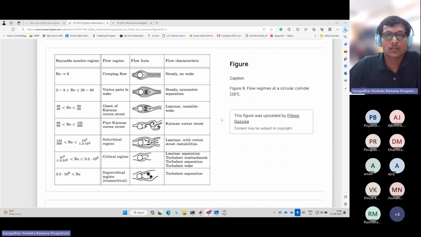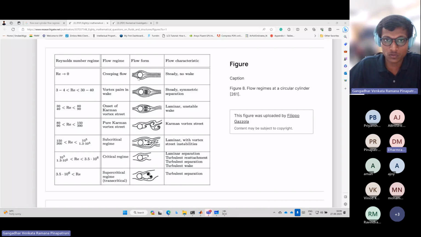So here we have a Reynolds number close to 0. If your Reynolds number is close to 0, it doesn't matter whether the fluid is air or water, or whatever the velocity or diameter; if the combination of density, velocity, characteristic length, and dynamic viscosity comes close to 0, you will have a flow like this, a creeping flow.